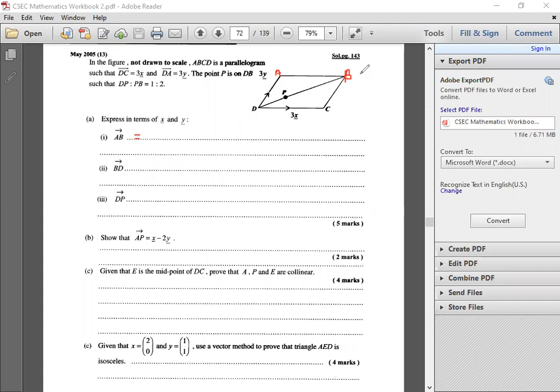All right, so A, B, C, D. So AB is the same as DC, because it's a parallelogram. So this will be 3x.